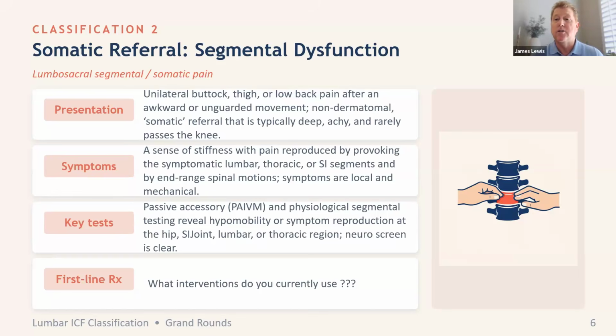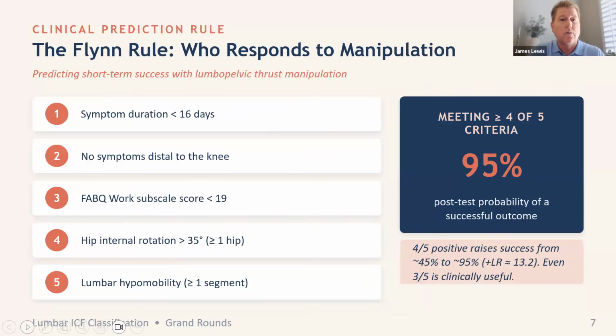We're not seeing any changes in strength, reflexes side to side. And so you could then go through the same exercise on what interventions you currently use, or we can start to provide some of the evidence already and just go through that.